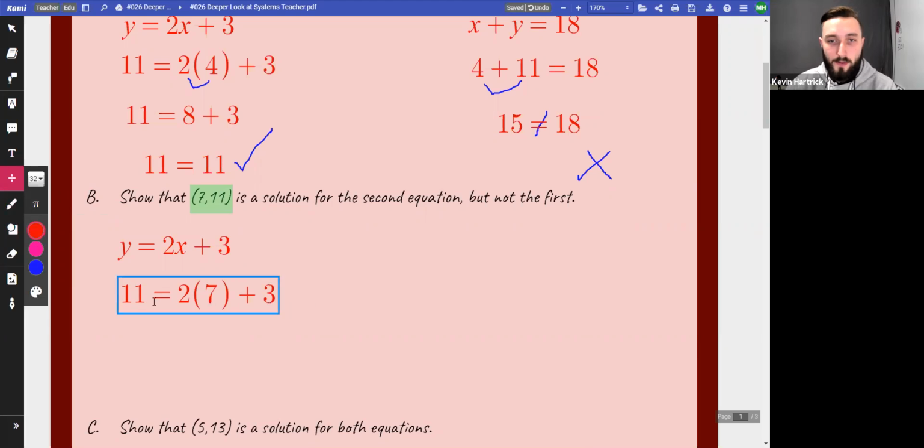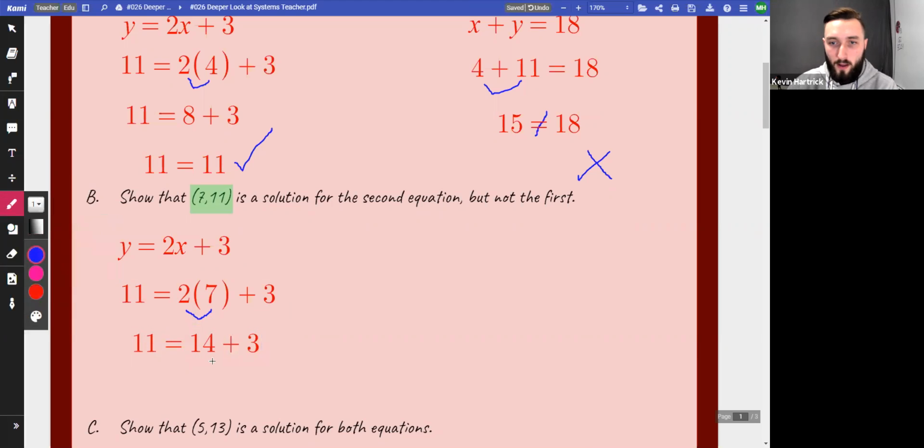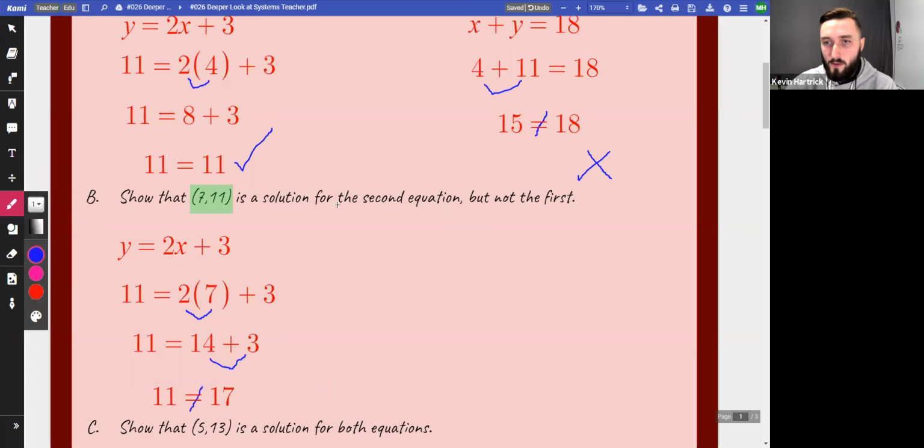So I have substituted now. I'm going to simplify. Okay, so left side stays the same. I have 14 here, 2 times 7. And then we know that 14 plus 3 is clearly not 11. Okay, that is 17. So that tells us, just like they sort of gave away the hint in the first place, this is not a solution for the first equation.